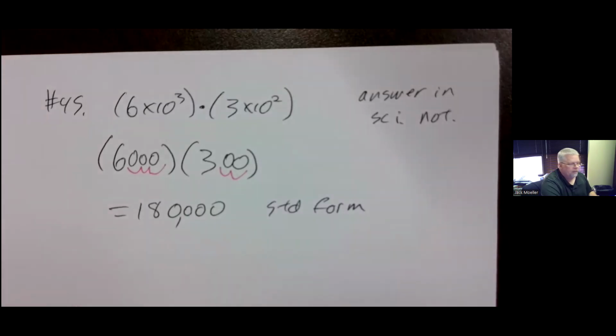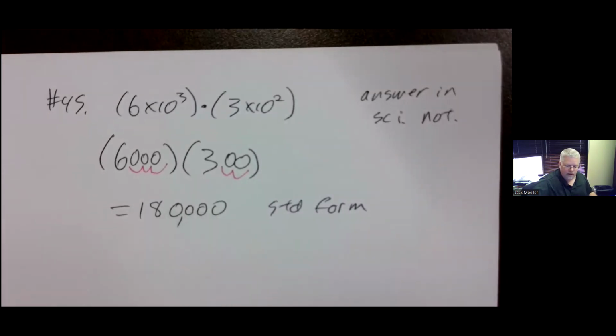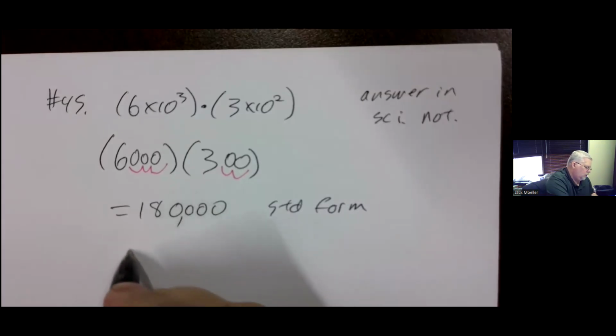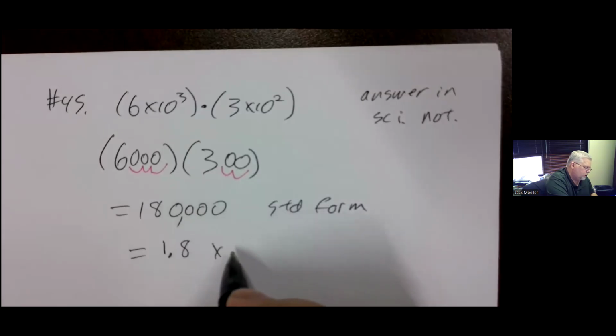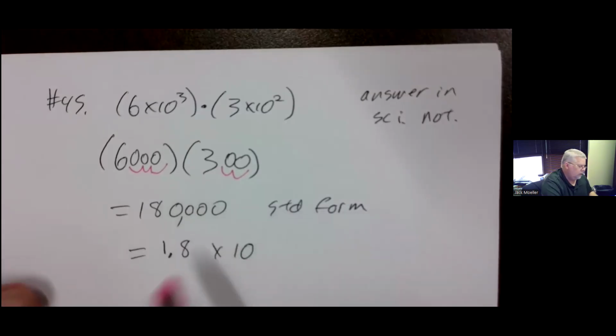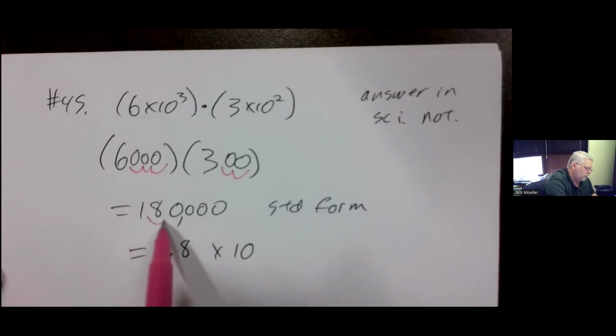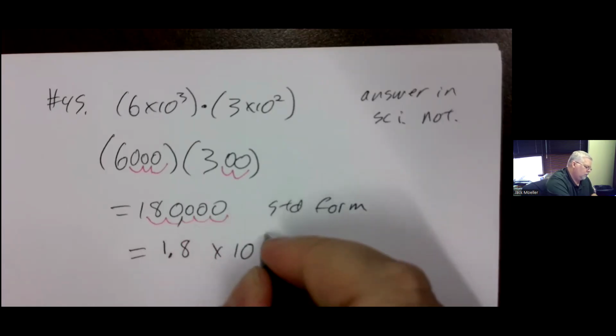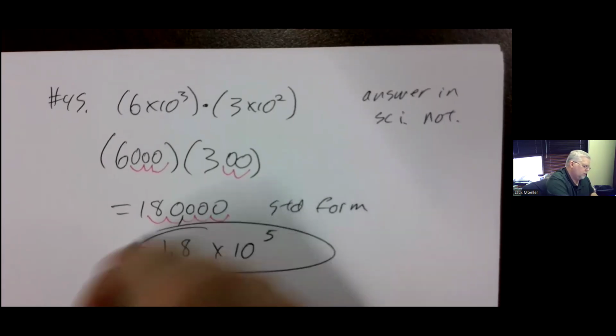But if they wanted scientific notation, now we have to convert it back. So the decimal goes to the right of the 1, so it's 1.8 times 10 to what power? Well, we're dealing with a large number, so it's a positive exponent, and we're moving the decimal 1, 2, 3, 4, 5 places. 1.8 times 10 to the 5th.